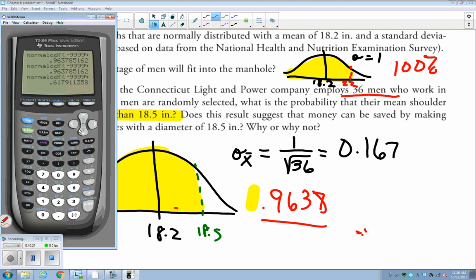And then we found it to be only 61%. That's why I went back to using a standard deviation of 1, because I wanted to look at the entire population, not just a sample. Okay. I think that's the last one.